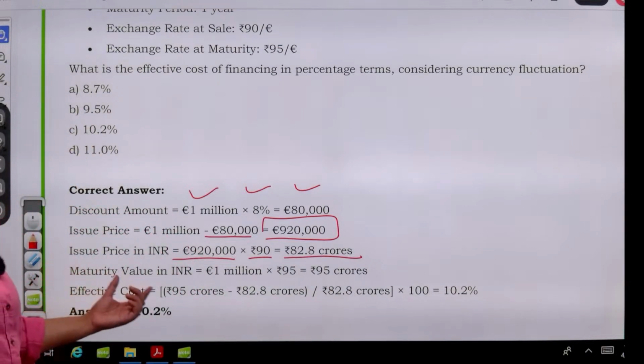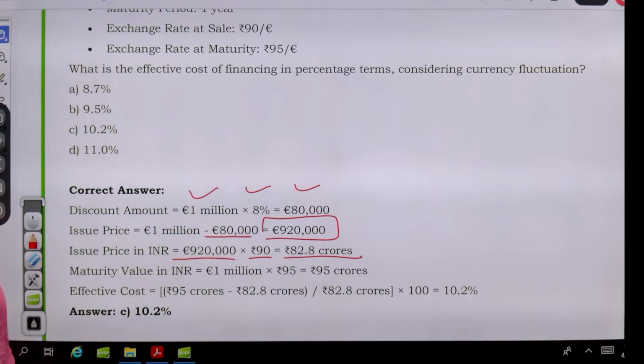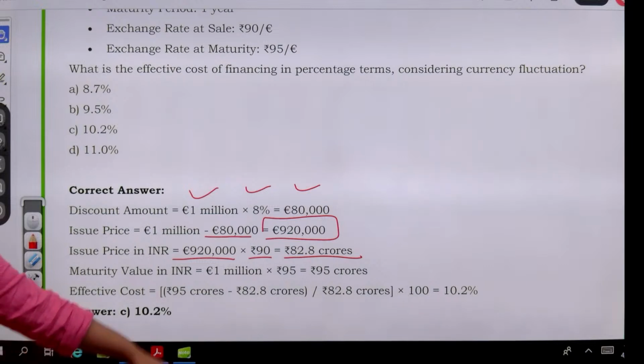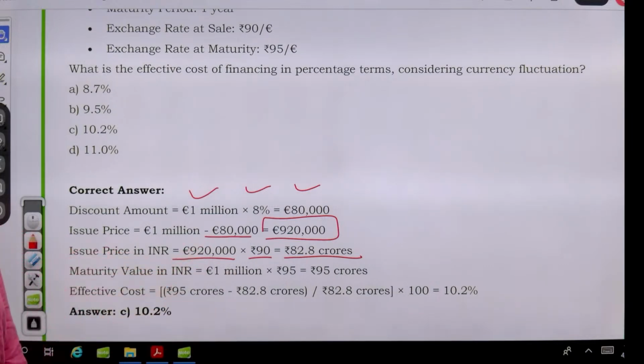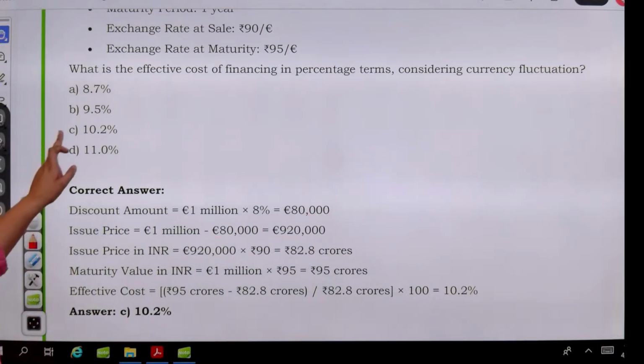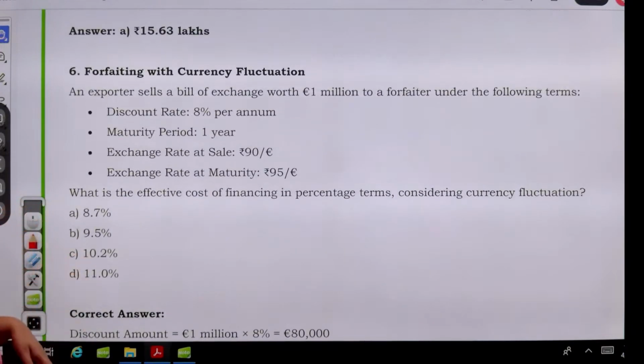Now maturity value is 1 million euros multiplied by 95 crores, right? So what is the effective cost? 95 crores less 82.8 divided by your base value, that is 82.8 multiplied by 100. So 10.2% is your effective cost. ठीक है, ये आपकी effective cost है for getting this discounted. Okay.